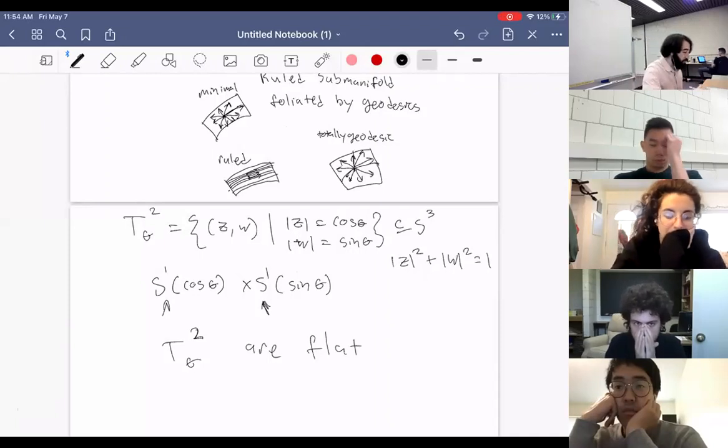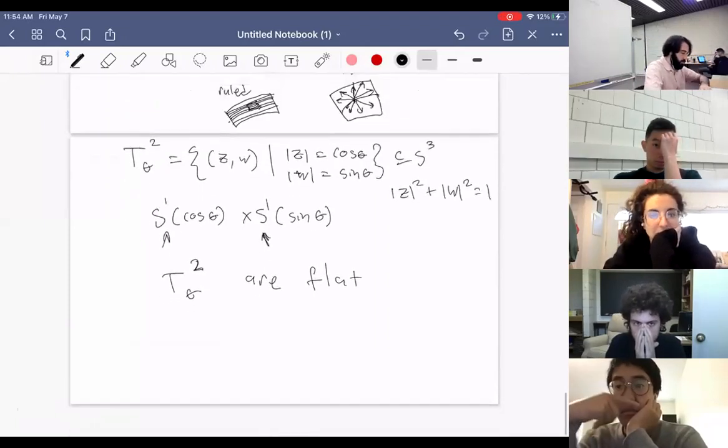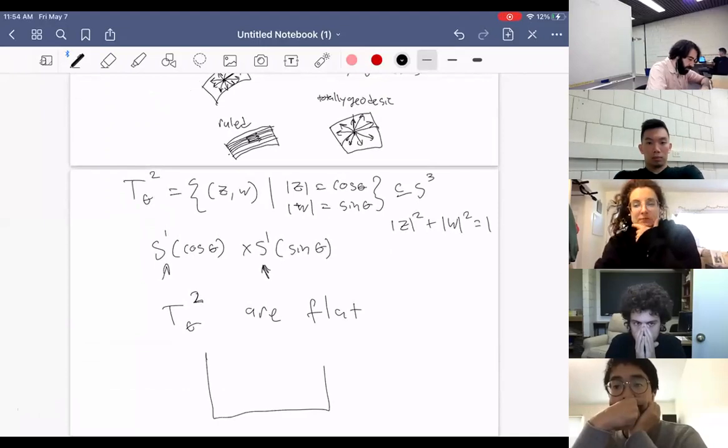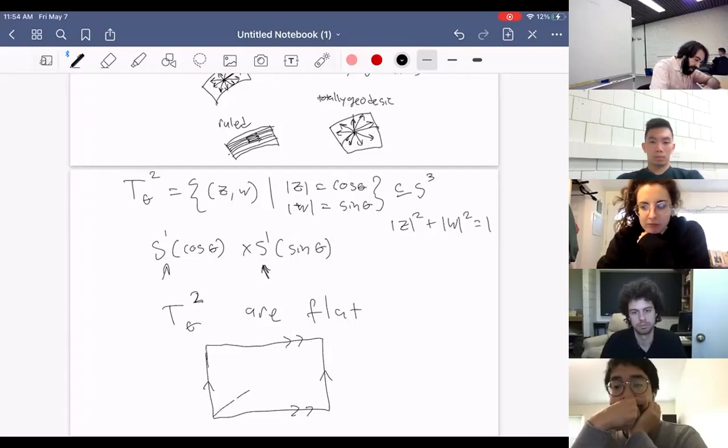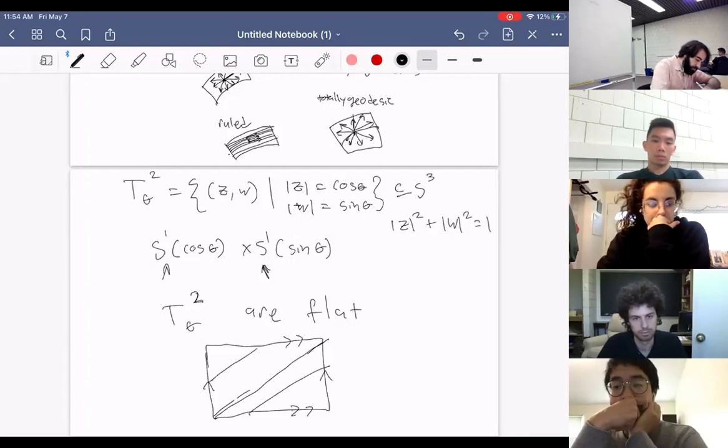Now, we've seen pictures of flat tori before. They're just rectangles where you identify the sides in a certain way. And we have a ruling on these flat tori. The ruling is just these diagonal lines, and a double ruling.